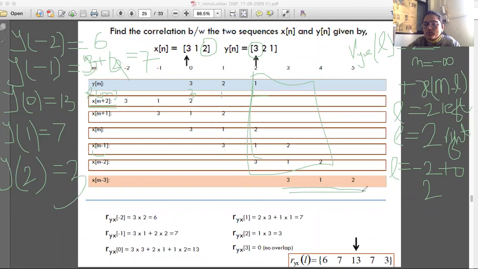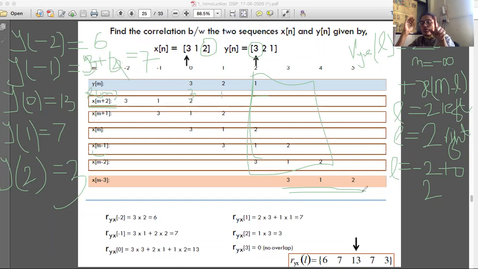For performing the correlation operation, we should shift the sequence, and the shifting parameter is represented by L. The range of L should be decided in order to correlate the extreme points of the sequences. How are you going to find the value of L? L is the shifting parameter. In order to correlate the last point of the second sequence with the first point of the first sequence, how many units of shift are required on the left hand side?